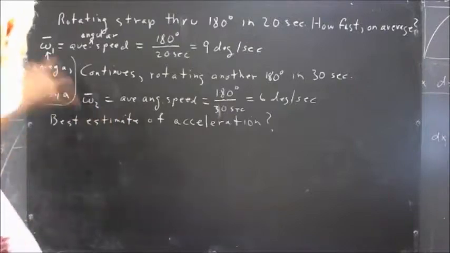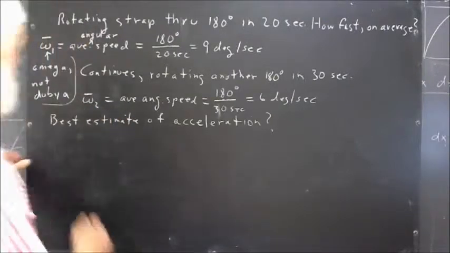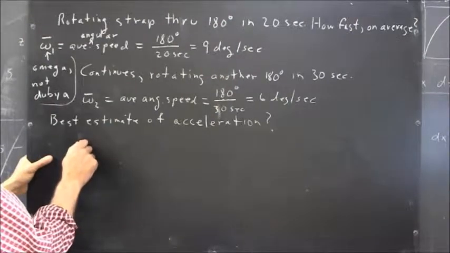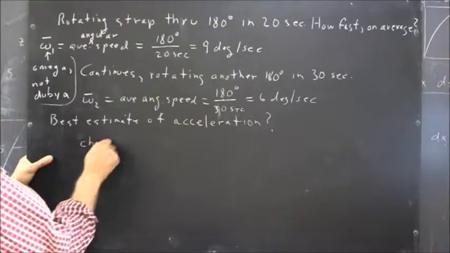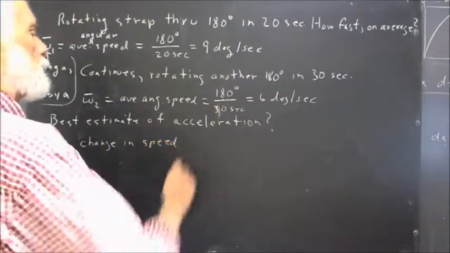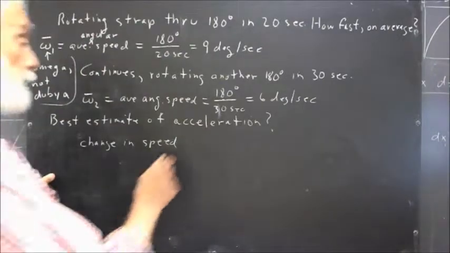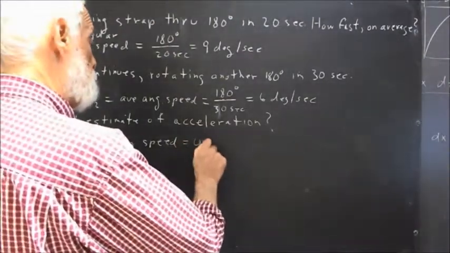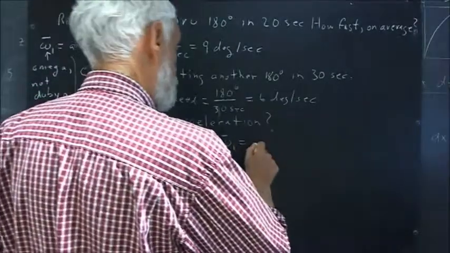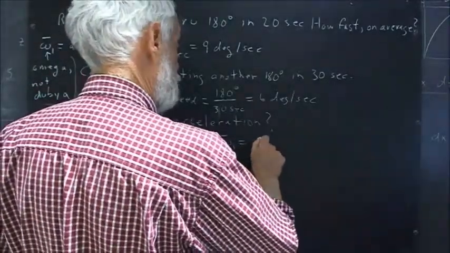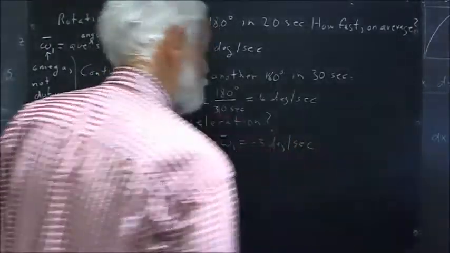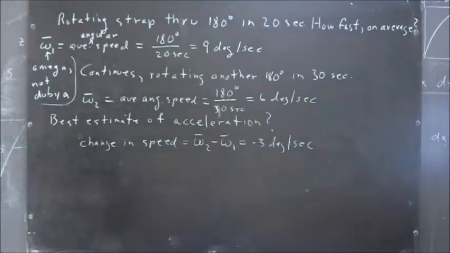Change in velocity, well, we can easily get a change in velocity here. Okay, so we could say the change in speed, which we hope is a change in velocity, is omega 2 bar minus omega 1 bar equals what? -3 degrees per second.